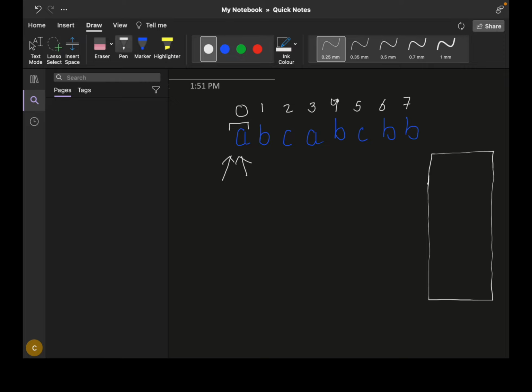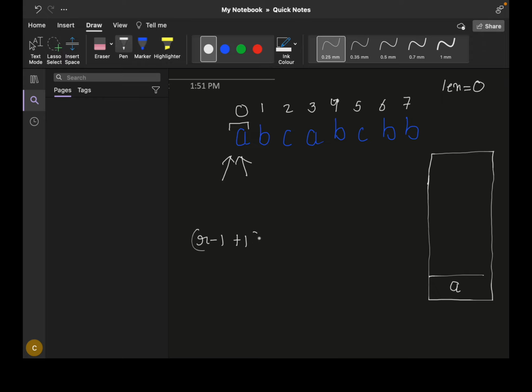We check with the right pointer whether the right character is in our hash map or not. It is not in our hash map, so we can include it, and then we can make a length variable, which is initially 0. We calculate the length, and the formula is right minus left plus 1.